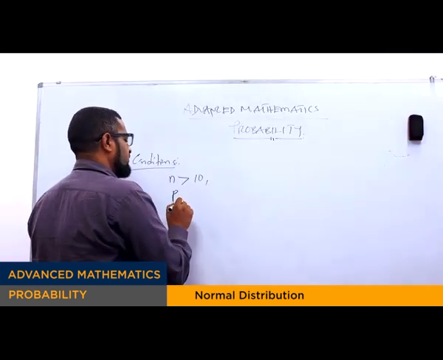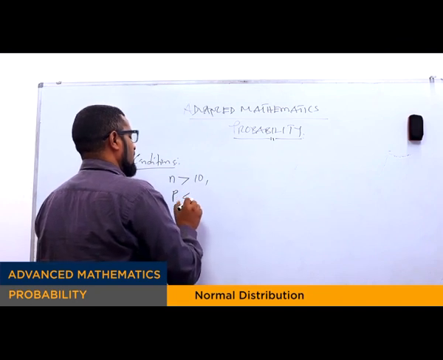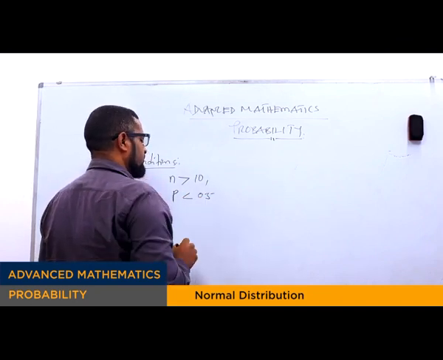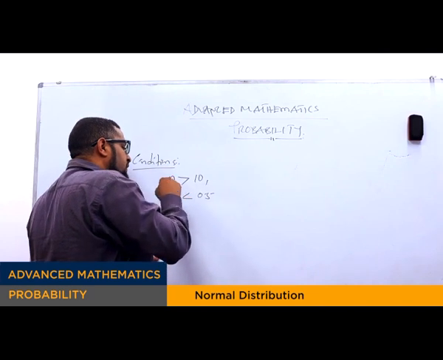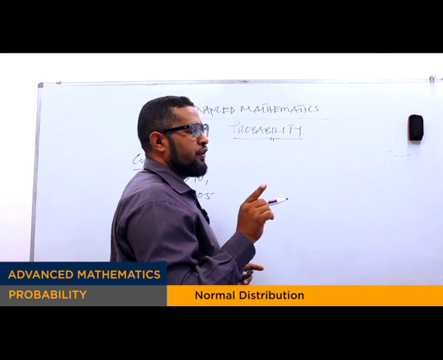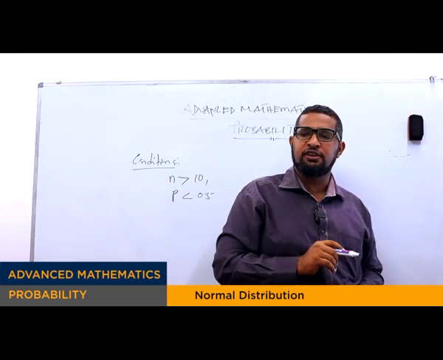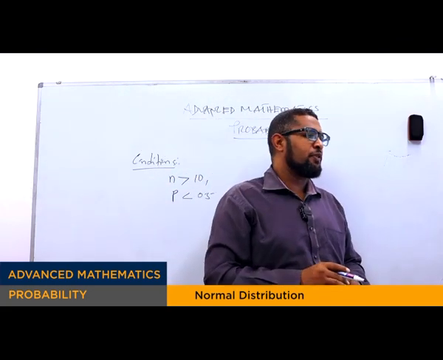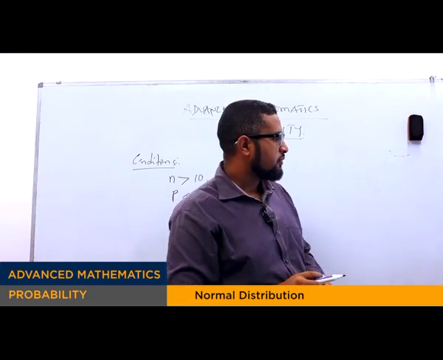And the probability of success is less than 0.5. If the probability of success is 0.5, it means the probability of failure will also be equal to 0.5. We'll see an example, then you'll understand more.